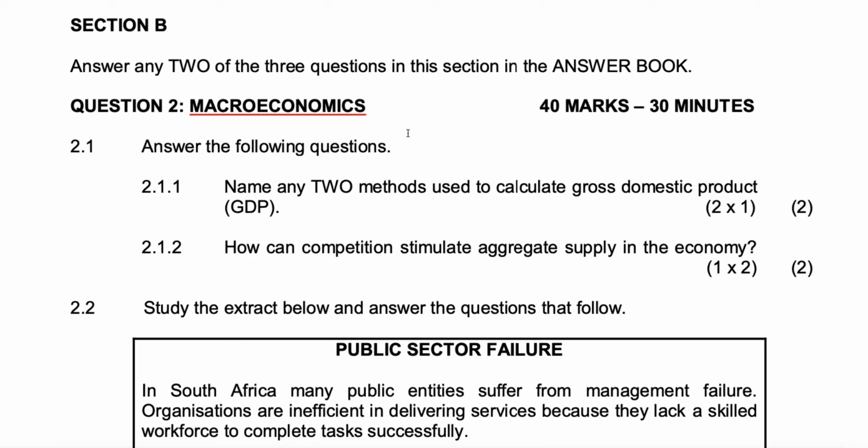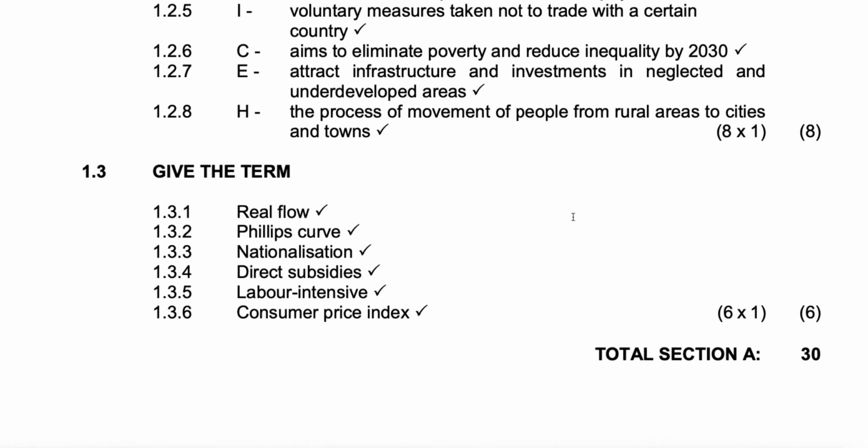Competition would make existing firms become innovative enough, so they will be able to increase their supply, and overall supply would go up, because new firms can enter and stimulate this competition. So more will be supplied, and if more is supplied, generally prices will go down. So anything along those lines.